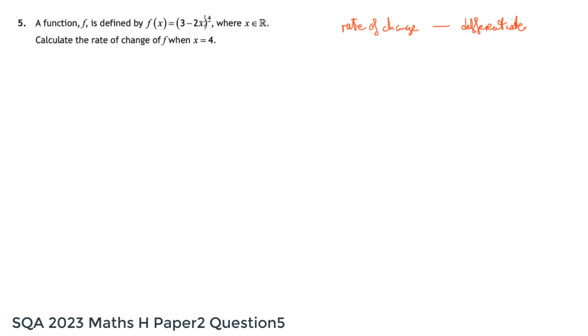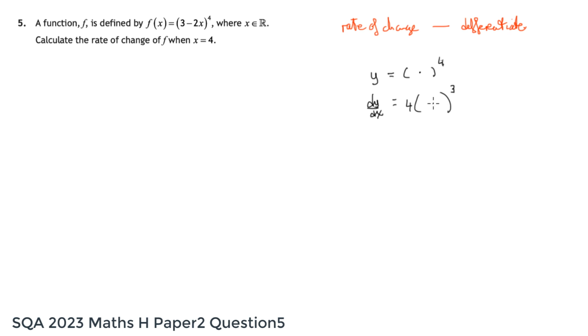Now we have an expression raised to the power 4. And there is a power rule when we differentiate, that we take the power down to the front and take 1 away from the power. Now that's our usual power rule. And it works if we've just got an x in there.